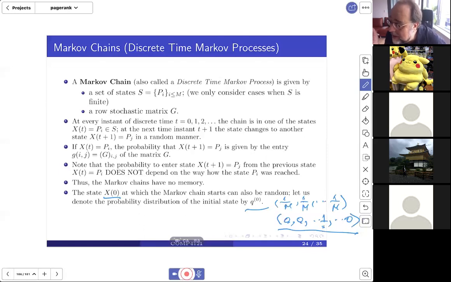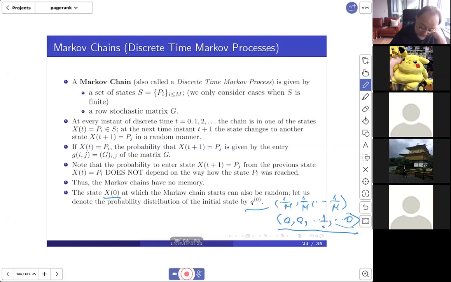Exactly. Anthony says we have a fixed starting point at page I. That's exactly right. This vector would say that the starting point is always page I. And lo and behold, an amazing feature of the Google matrix is, as we will see, that after a long evolution, the probability distribution of the states will be independent of the initial probability distribution of states.